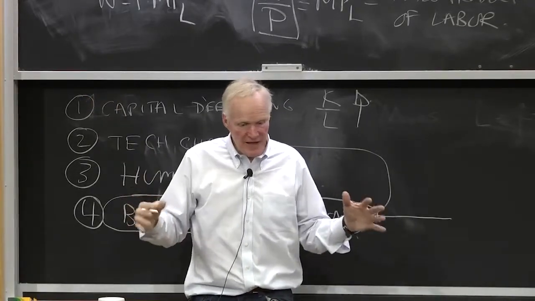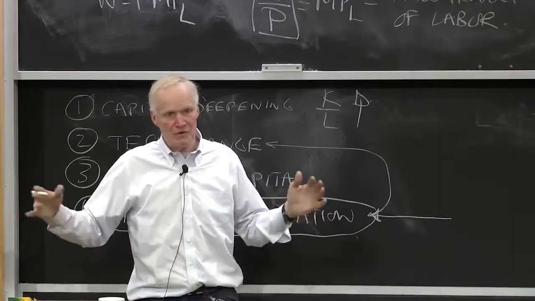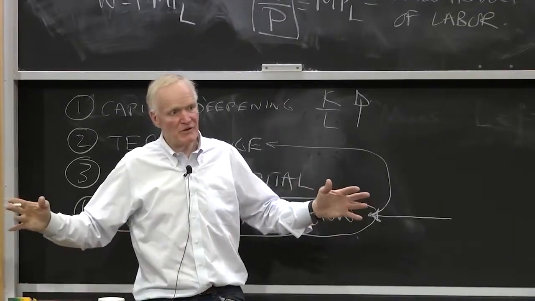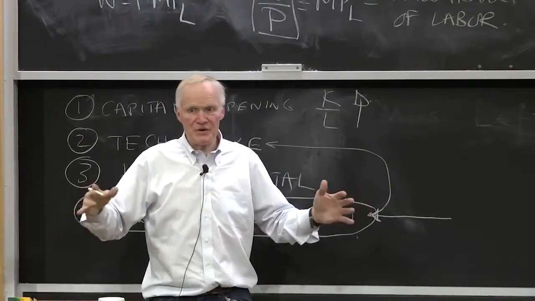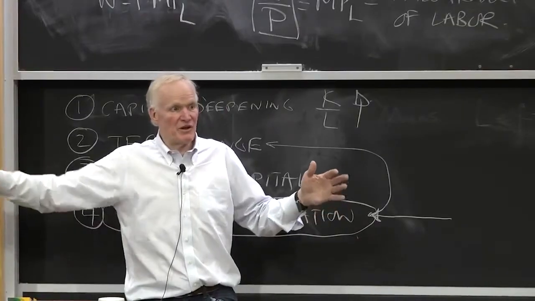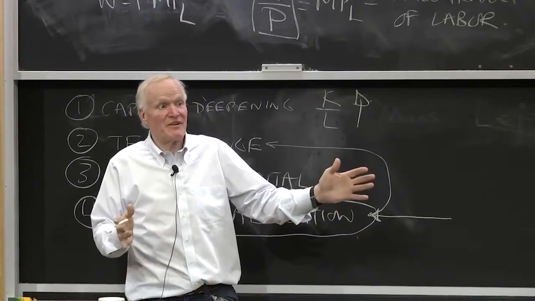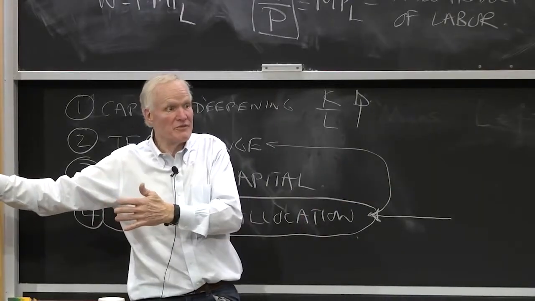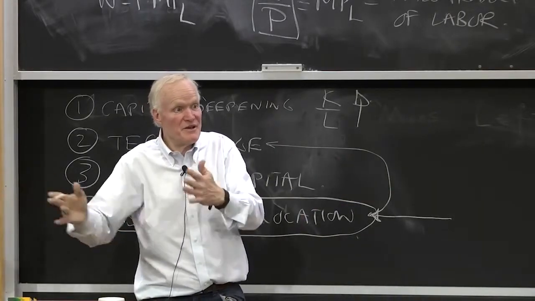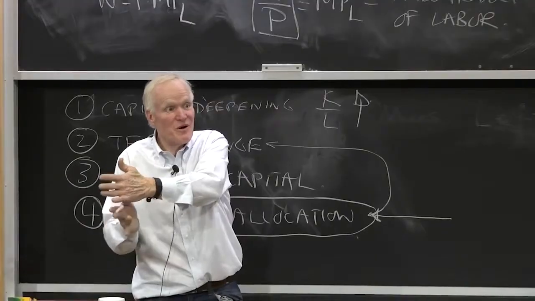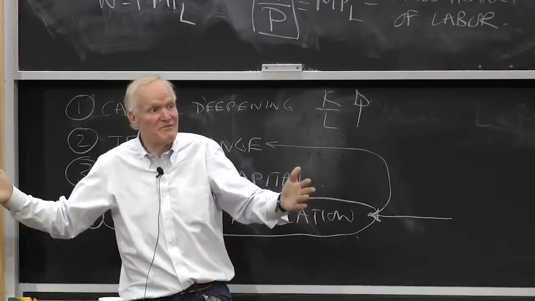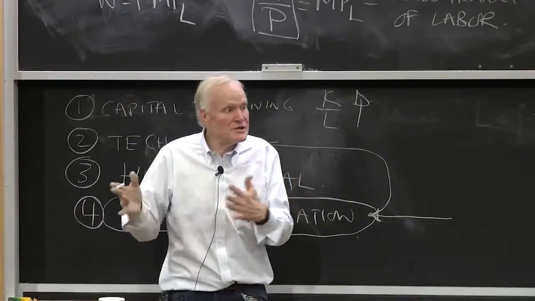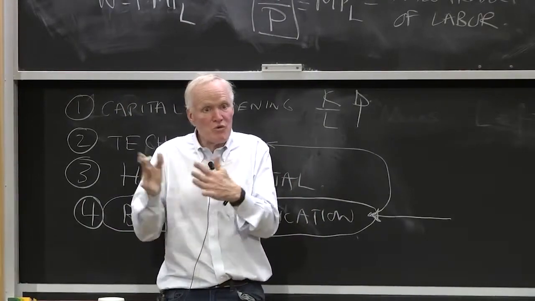In order to get more output, I had to build a road and I had to build a vehicle. And if the road is always running ahead of the vehicle, then it'll look like the vehicle is the key factor, right? Because you see all this road and it doesn't do anything until the vehicle arrives. On the other hand, if the vehicle's out there waiting for the road, then you say, well, geez, the road is the key factor, right? So it always depends on who's running ahead of whom.